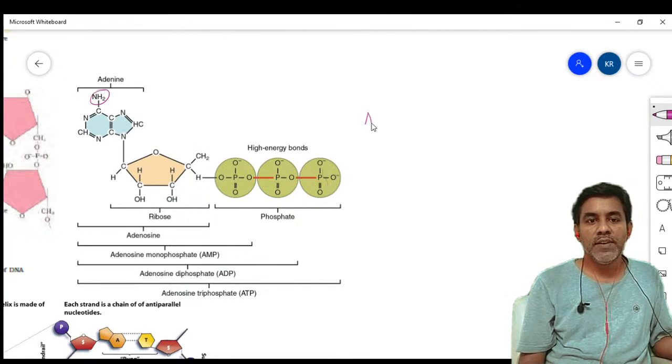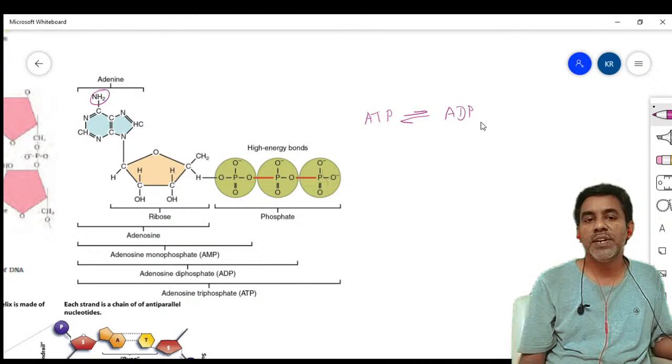As you know, when the ATP molecule, adenosine triphosphate, gets hydrolyzed, you get ADP, adenosine diphosphate, plus inorganic phosphate. If this ADP gets hydrolyzed again, you get AMP, adenosine monophosphate, plus inorganic phosphate.